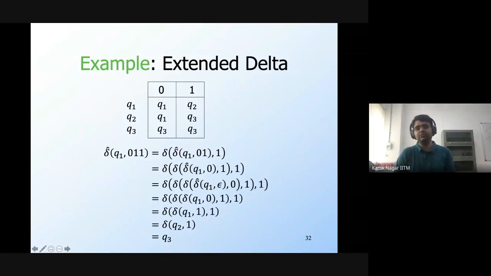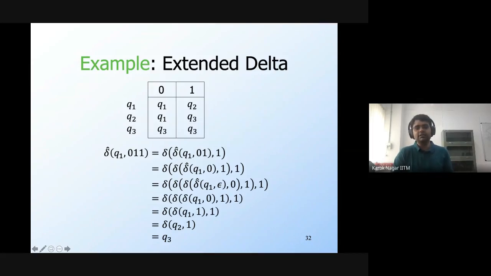Here's an example of this delta hat computed on Q1 and 011. We've shown the tabular representation of this DFA. This is the same DFA that we saw earlier, which only accepts strings without consecutive ones. Let's say we want to calculate delta hat on Q1 and 011.